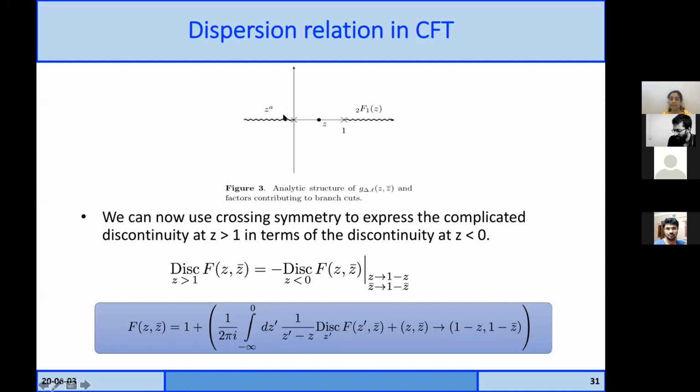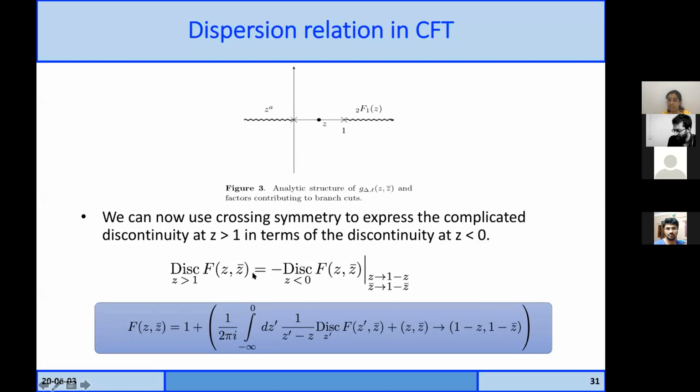So far we have been discussing the discontinuity when z is less than 0, but there is also another discontinuity when z is greater than 1, which originates from the hypergeometric function. At this level, we can use crossing symmetry to express this discontinuity coming from the hypergeometric function in terms of the simpler discontinuity. For the discontinuity at z greater than 1 of this correlator, you can just make a variable change.